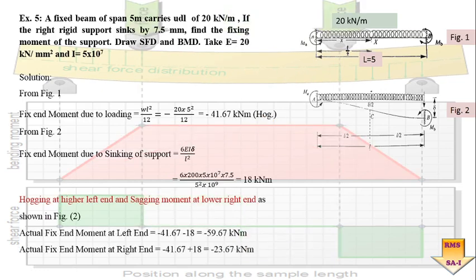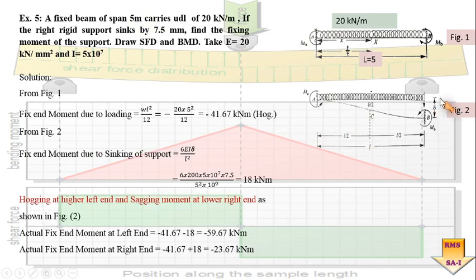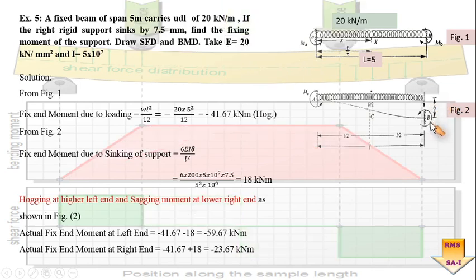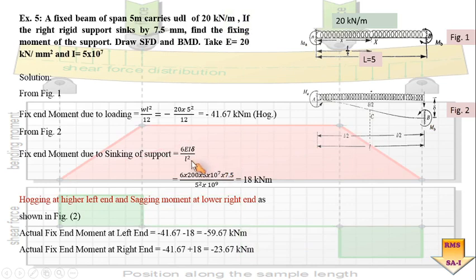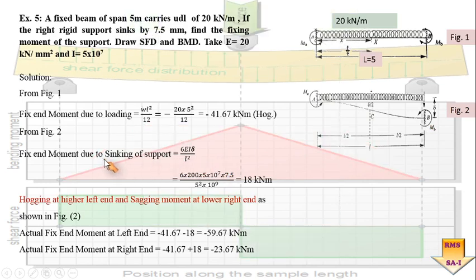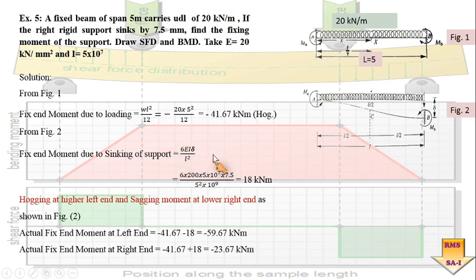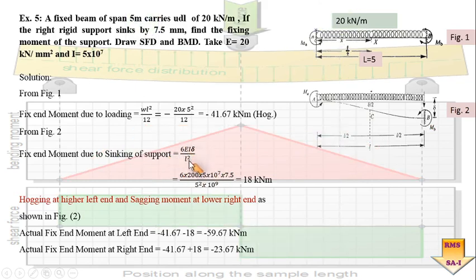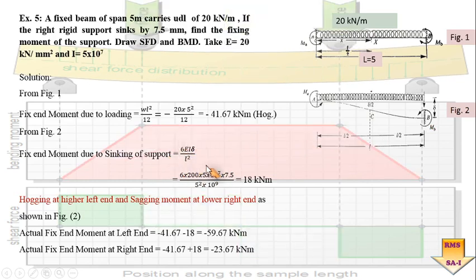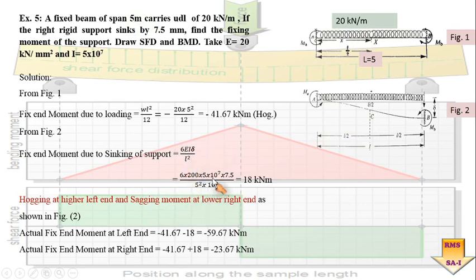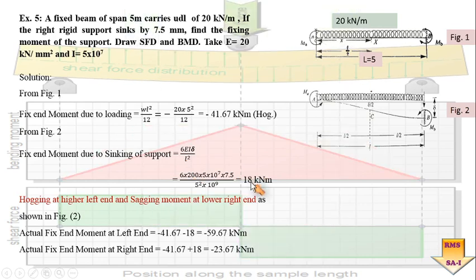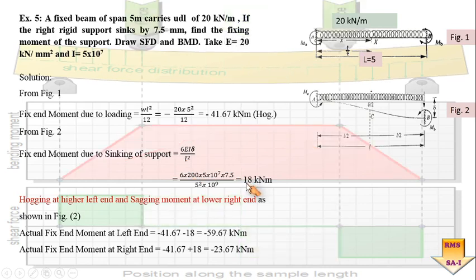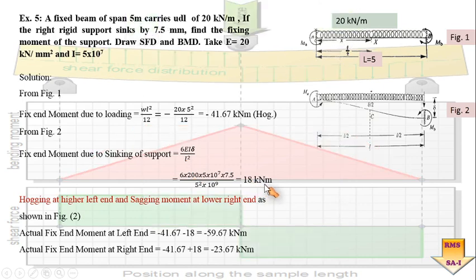Moving ahead, we can see the second effect, that is the effect of sinking. Here the value of sinking delta is equal to 7.5 millimeter in the downward direction, and in the earlier standard case we have seen that the sinking effect moment is equal to 6EI delta by L square. Now we know each and every value. Substituting all the values given in the problem into this equation, we get the fixed moment due to the sinking effect equal to 18 kilonewton meter.